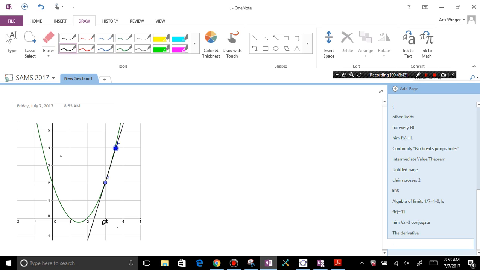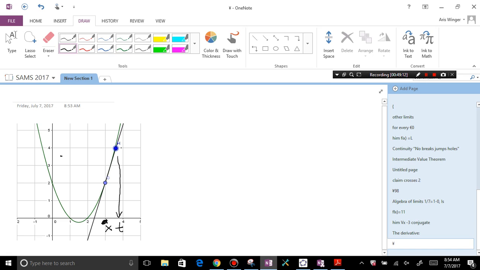Or I should actually call this x. And now there's some point t here. And then what am I going to do with t? I'm going to move t towards x. And then I want to look at what happens to these slopes.